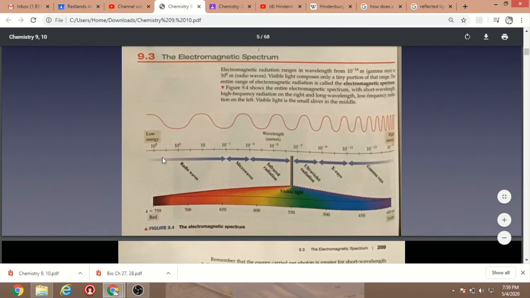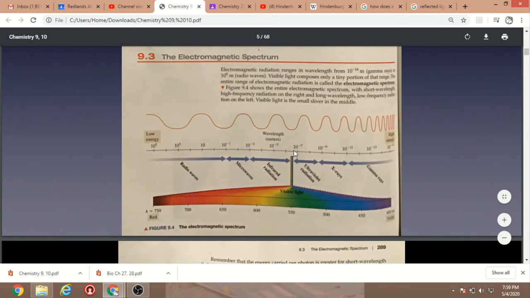By the way, these numbers here, 10 to the 5th, 10 to the 3rd, 10, these are in meters. These are wavelengths in meters. So we're measuring the wavelength of this energy. This is called electromagnetic energy. And again, light is only right here.